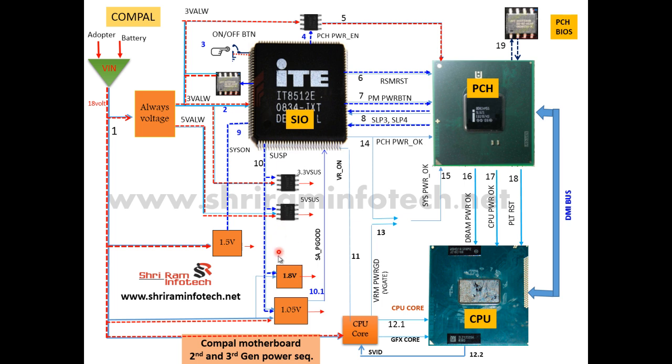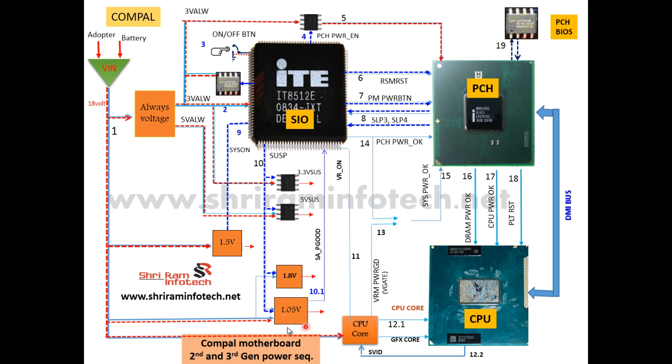Okay, the next is it triggers these 2 sections, called the 1.8 volt. He turns on this 1.8 volt, called a system voltage, and then the next is the 1.05 voltage. This is also a system voltage, and this 1.05 voltage goes to the processor as well as to the PCH, and now the PCH is ready to work.